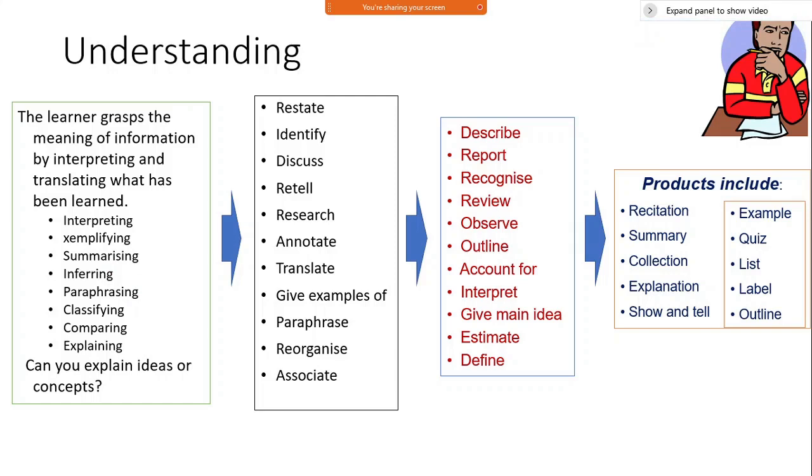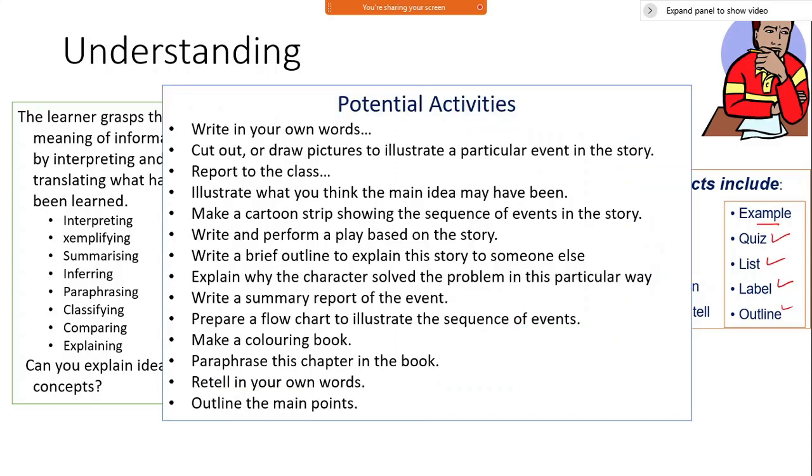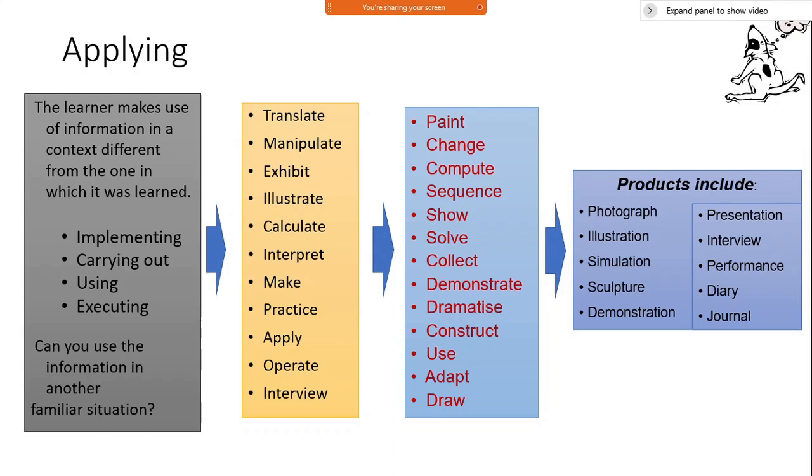All this comes into the understanding phase. Obviously we can provide certain examples. We can have a quiz, list, label, outline, and these words we need to use for Bloom's taxonomy levels. Potential activities are to let them write in their own words, draw pictures for a particular event or story, report to the class. All this comes under the understanding part.